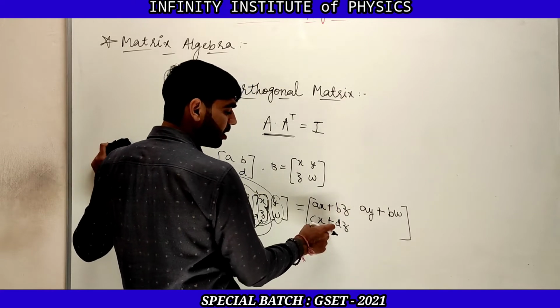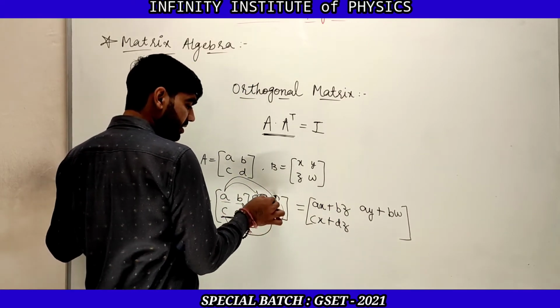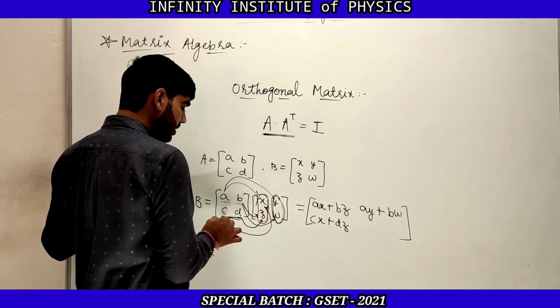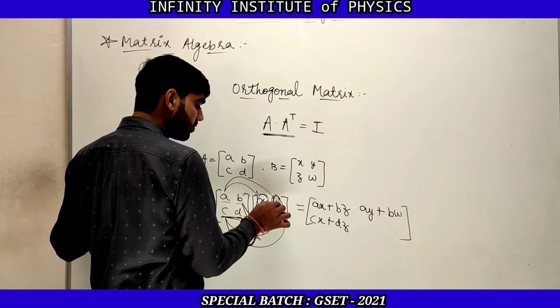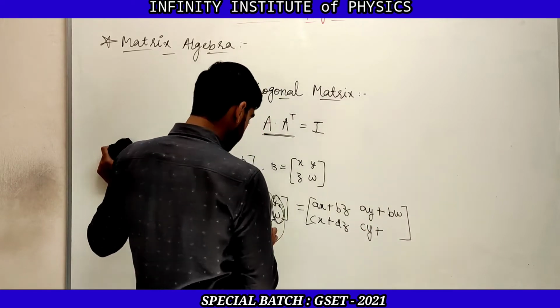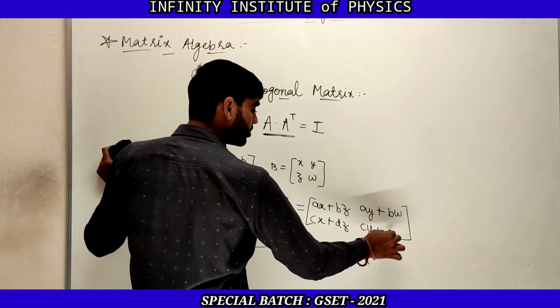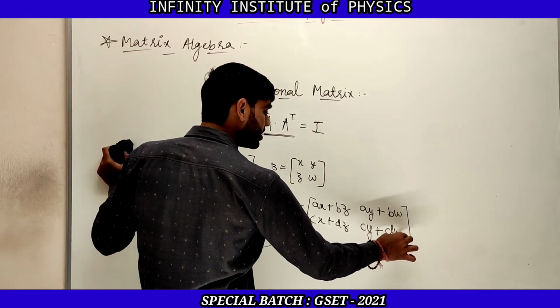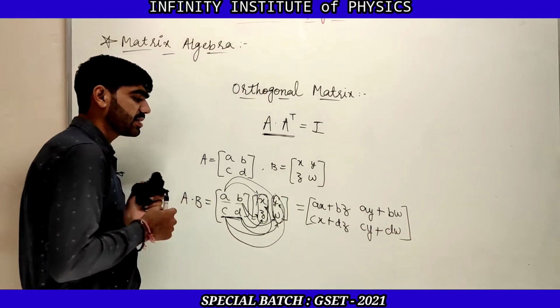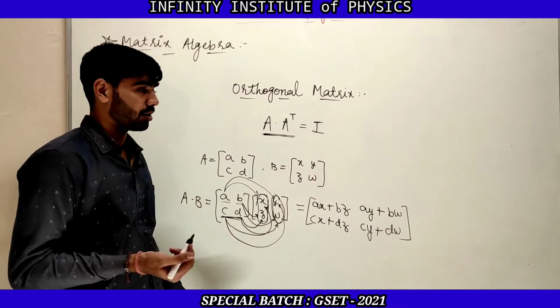That will give us the third entry. And for the last entry, let us consider the second column again, then it will be C into Y, so CY, plus the multiplication of D with respect to W, so it is DW. And this is how we can find the matrix multiplication.